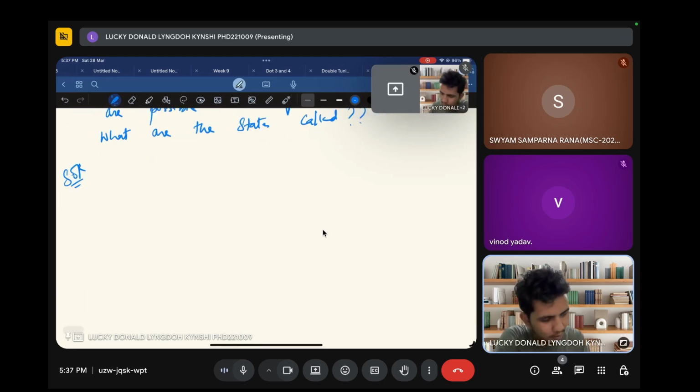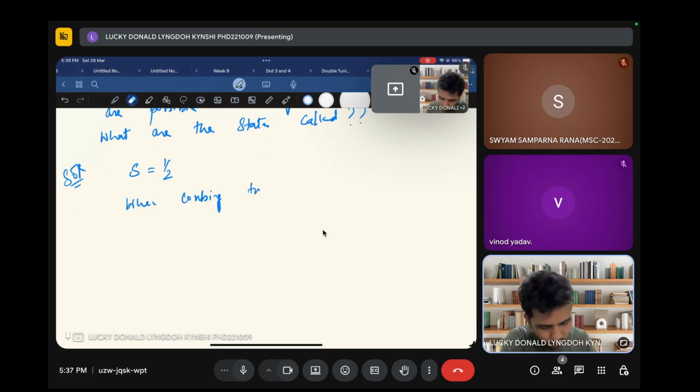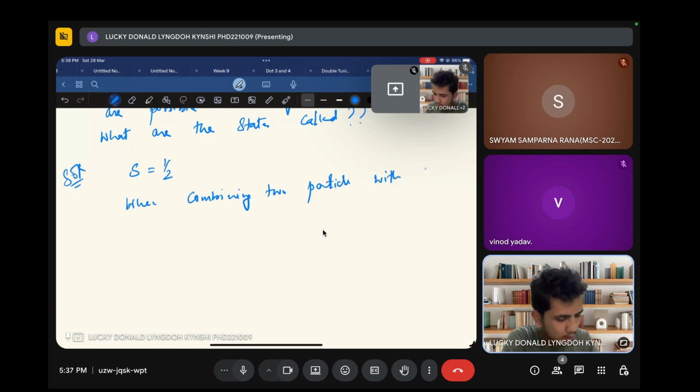So when you have s equal to half and these two particles combine, let's say with spin s1 equal to half and s2 equal to half, the first particle has s1 equal to half, and s2 is also equal to half.